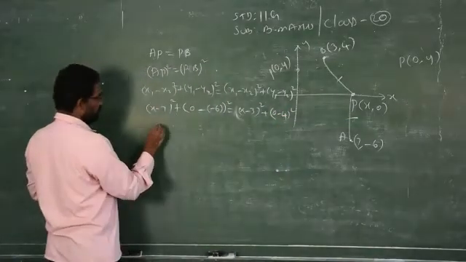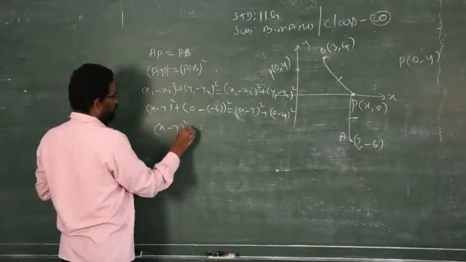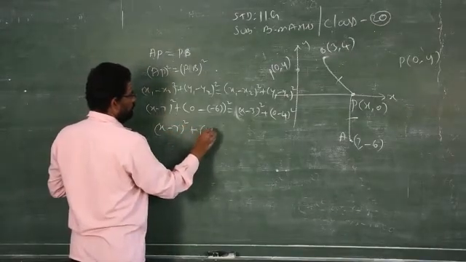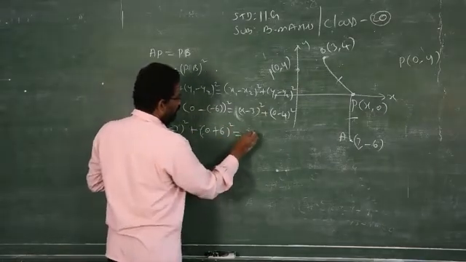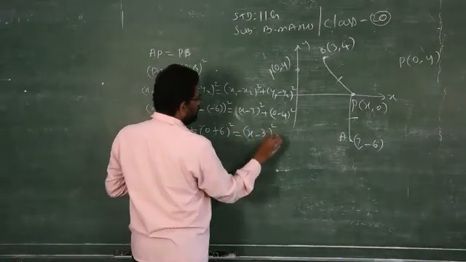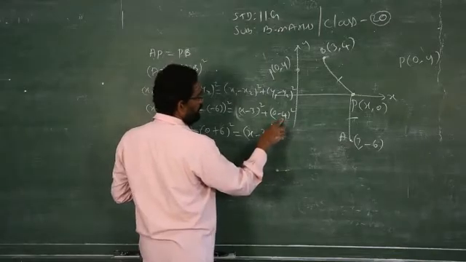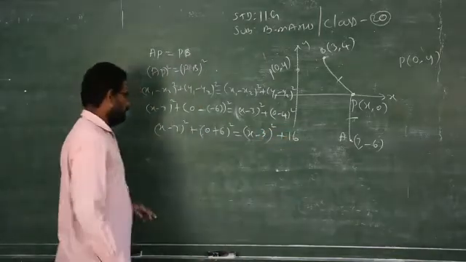Clear? So x minus 7 the whole square plus 0 minus into minus 6 the whole square is equal to x minus 3 the whole square. When you square minus 4, the minus goes and it becomes 16.